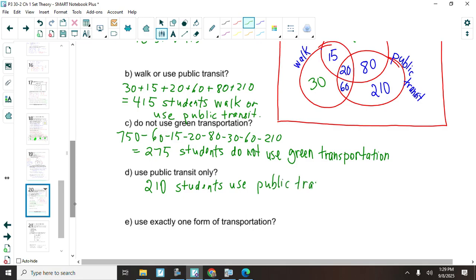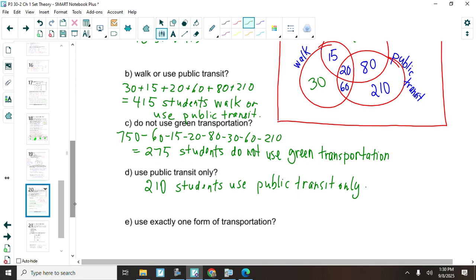How about use exactly one form of transportation? It's similar to that other question we had where they wanted to know how many used only one form of communication, and we just added up the only groups, all the crescent moons. So same here.